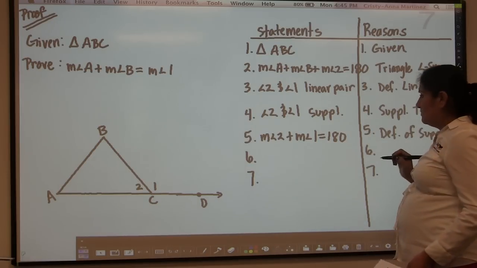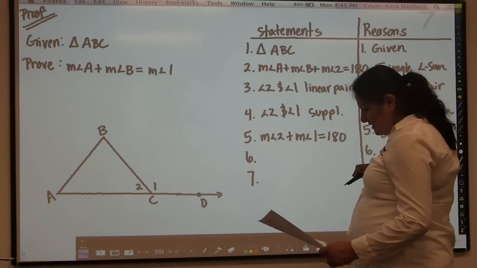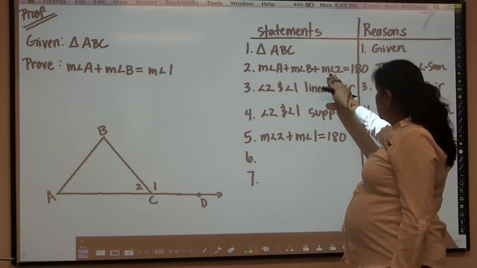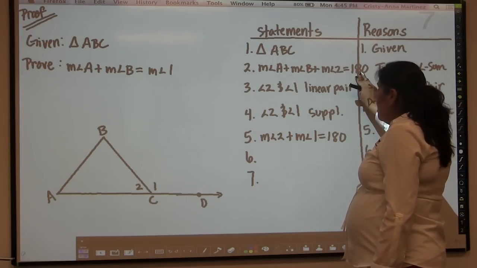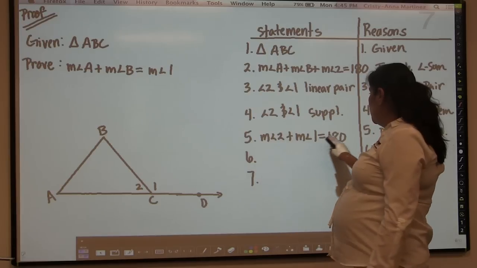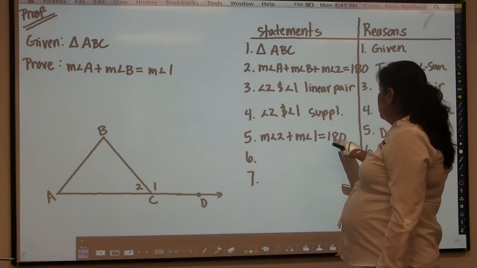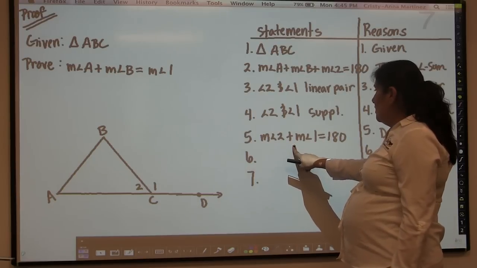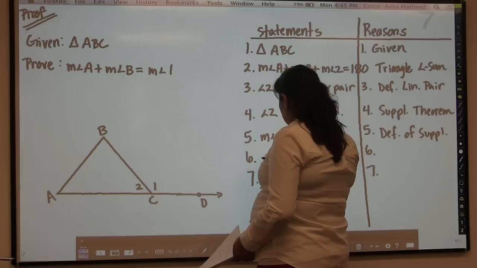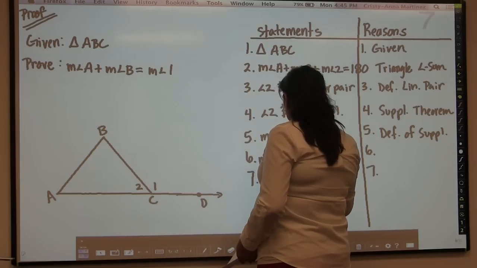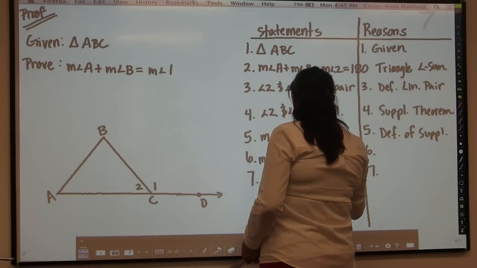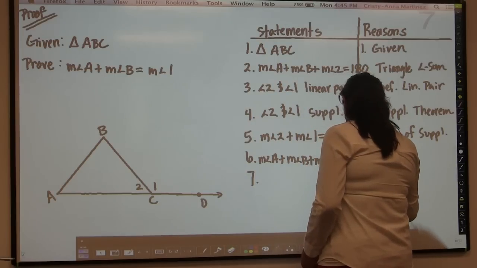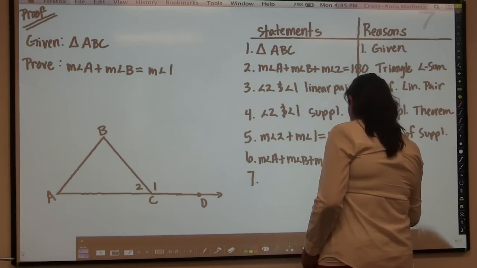Okay, now we're going to use some substitution, from steps 2 and 5. In step 2, we knew that A plus B plus 2 equals 180. And in step 5, we know that 2 and 1 equals 180. So since this equals 180 as well, we can replace this 180 with 2 and 1. So angle A plus angle B plus angle 2 equals angle 2 plus angle 1.